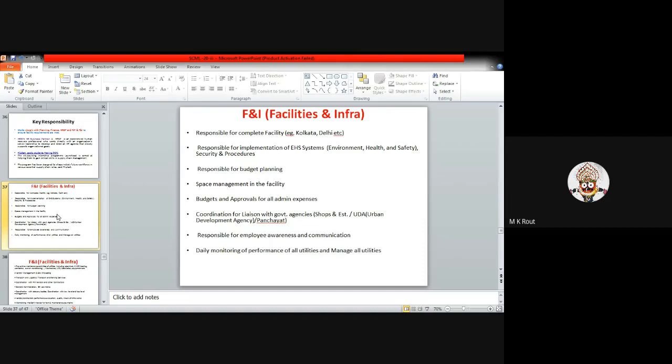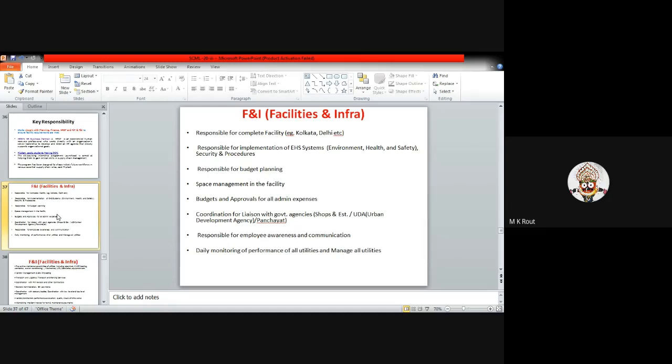The next is implementation of the EHS system, that is environment, health and safety. The next one is security and procedures. You are also responsible for budget planning, space management in facilities, and budget approval for all admin expenses.